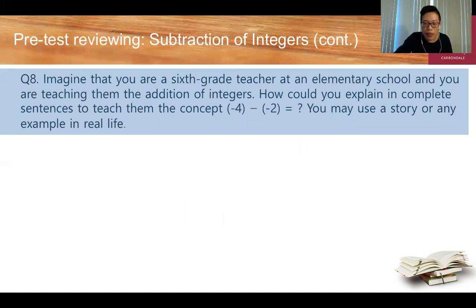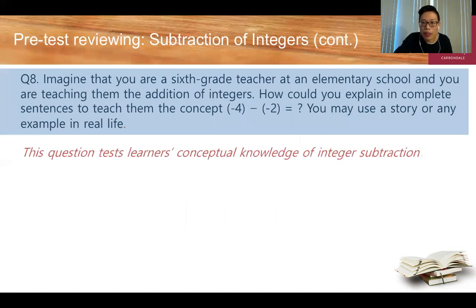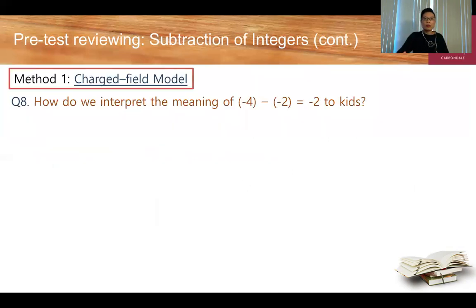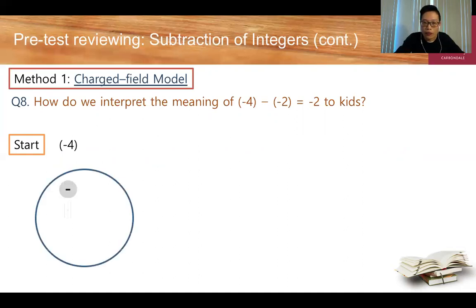Okay, so question 8, again, conceptual knowledge of integer subtraction: interpret the meaning of -4 minus -2 is -2. So we use the chart model, for example. We start from -4. So -4 means in the field, we have 4 neutrons in the field.